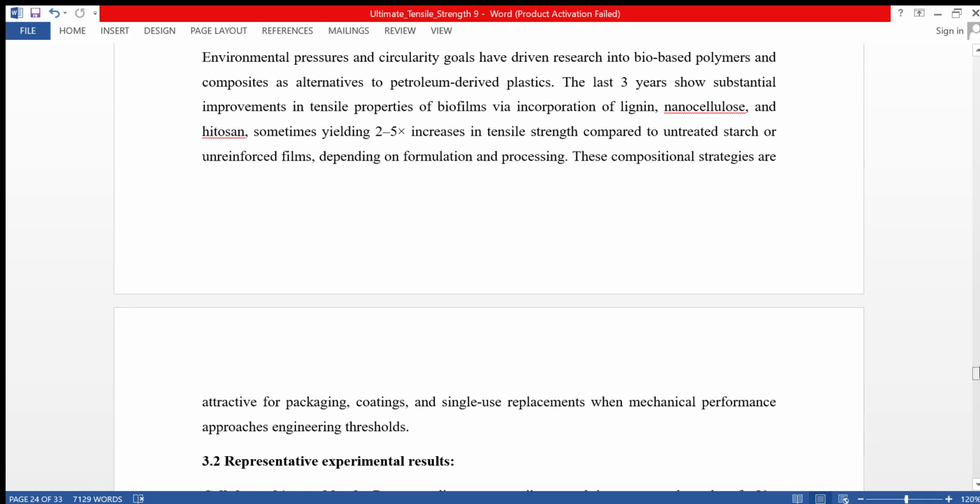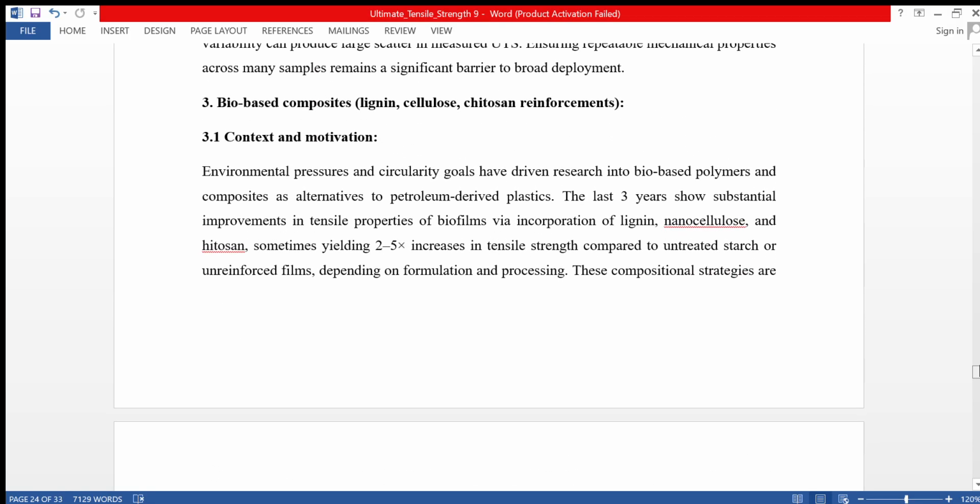Next point is bio-based composites. Context and motivation: environmental pressures and circularity goals have driven research into bio-based polymers and composites as alternatives to petroleum-derived plastics.